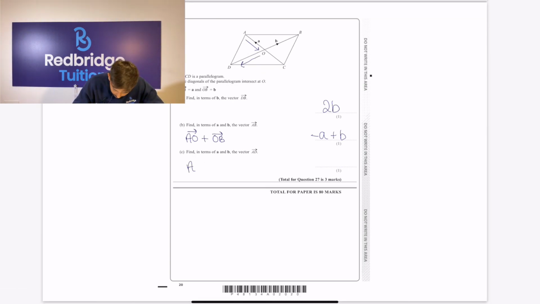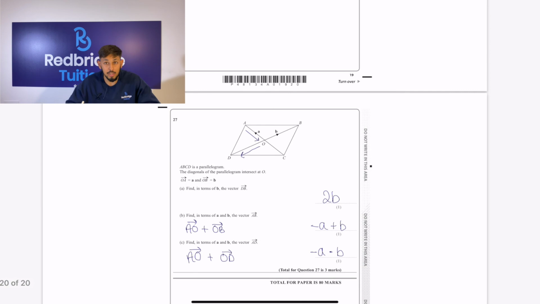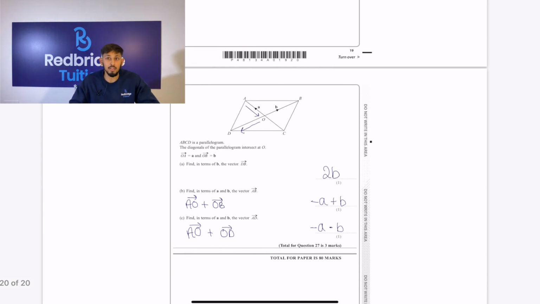So we have A to O plus O to D. We've already established that from D to O, the vector is b. So therefore, if we're traveling in the opposite direction, we would have the opposite sign. So our vector would be minus a minus b. And that completes question number 27 and our paper.